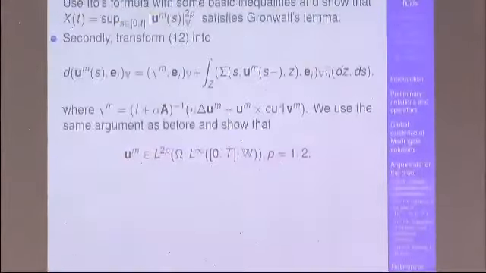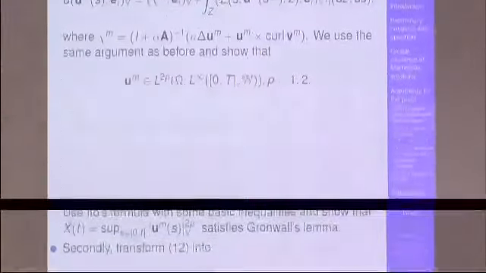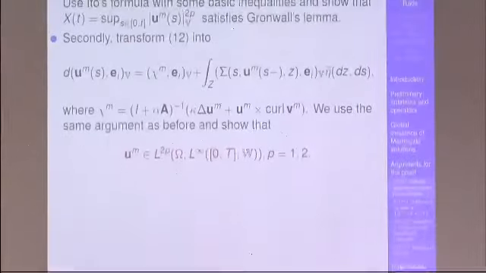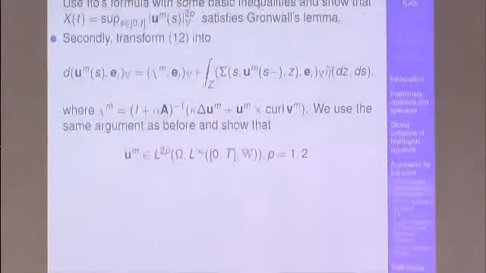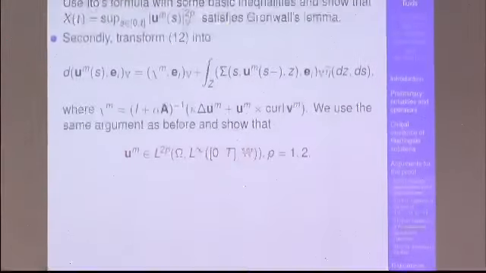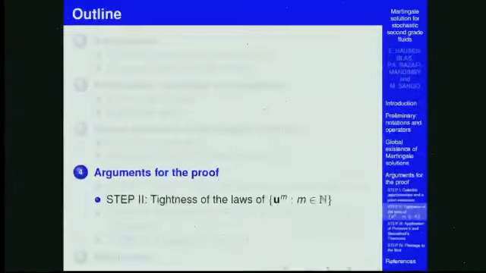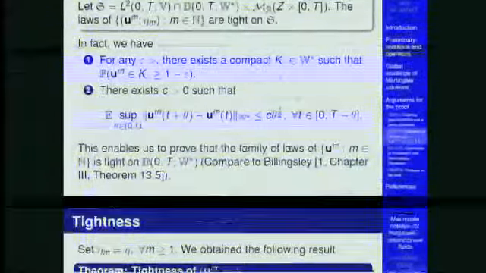To prove this lemma, we have to follow 2 steps. First, we need to prove that u_m is in this space, involving u_m satisfying (13), but we replace first W by V. And to do that, we introduce again the Stokes operator and transform the Galerkin approximation (12) to this one.